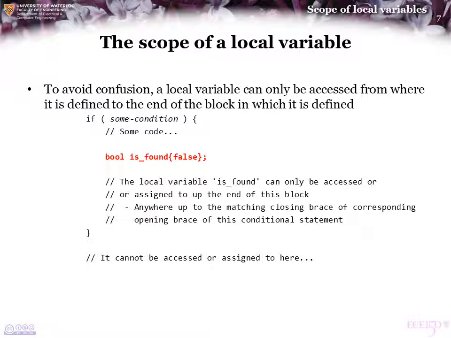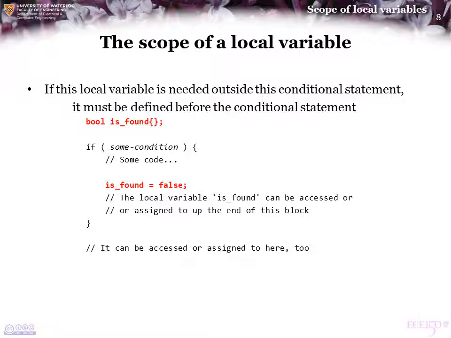We can only access or assign to that local variable after it is defined up until the end of the block in which it is defined. That is, up until the closing brace corresponding to the consequent body of this conditional statement. After that conditional statement is finished, it cannot be accessed or assigned to from that point on.